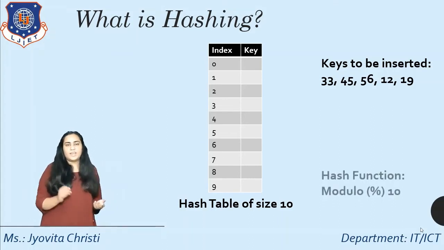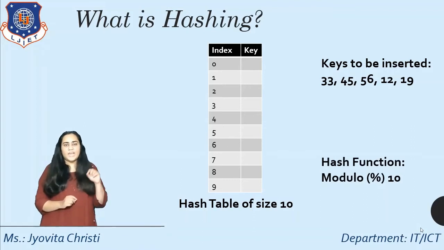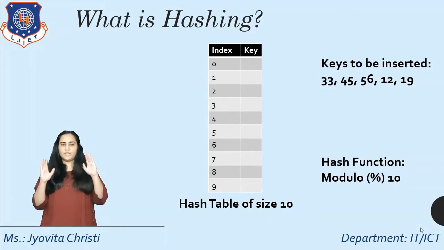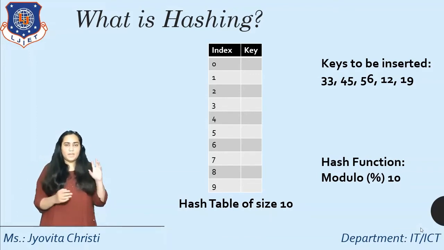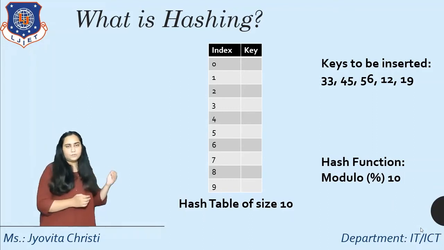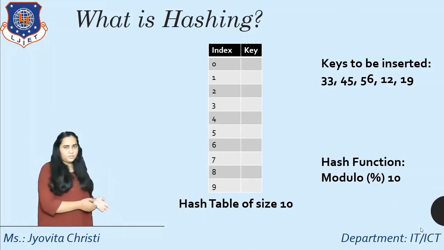It is called a hash function. A hash function is sort of an equation, or you can say a formula, that allows you to apply hashing on the keys that you have. So you already have a certain number of keys, and now you want to apply hashing to those and save them in a hash table.